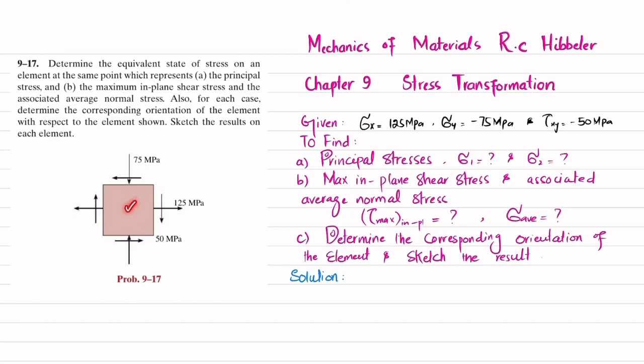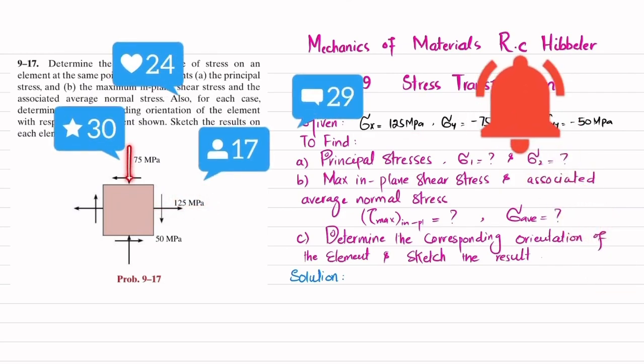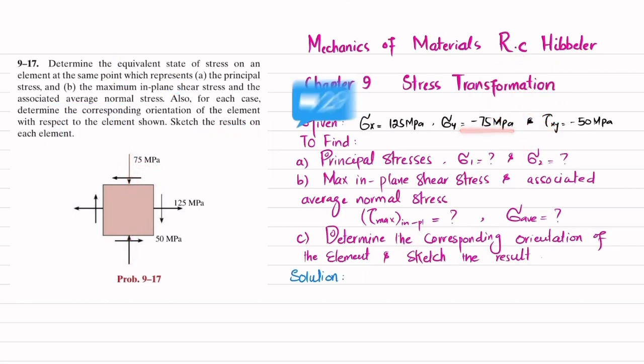So you can see this is a state of stress. This is x-axis. This is your y-axis. Clear? And you have taken this as sigma x, which is 125 megapascal, sigma y is compressive, so it will be minus 75, and tau of xy, this is x plane and y is in downward direction, so tau of xy is minus 50 megapascal.